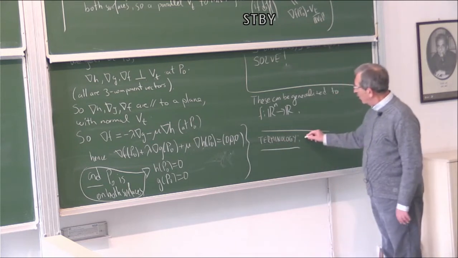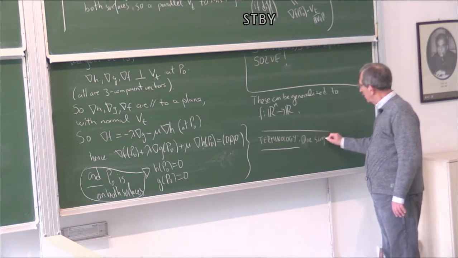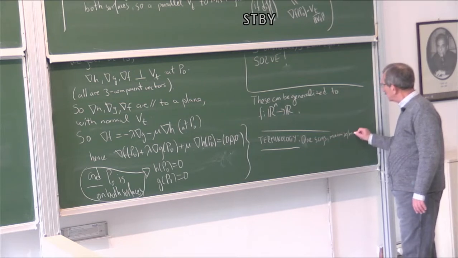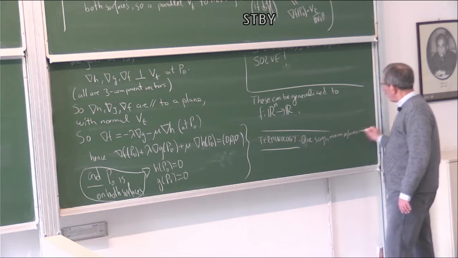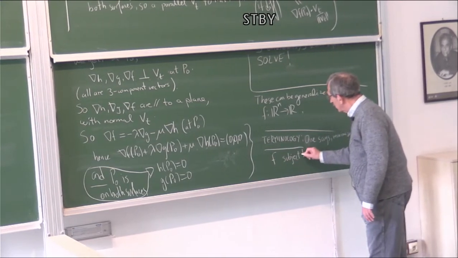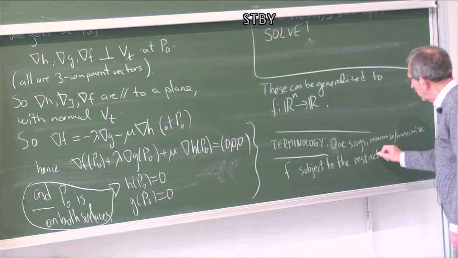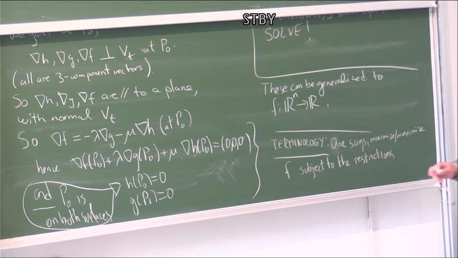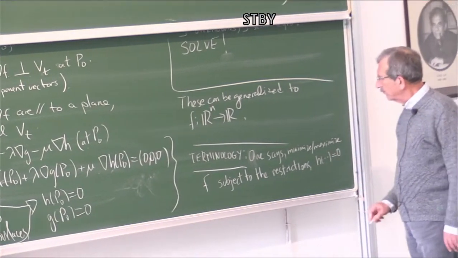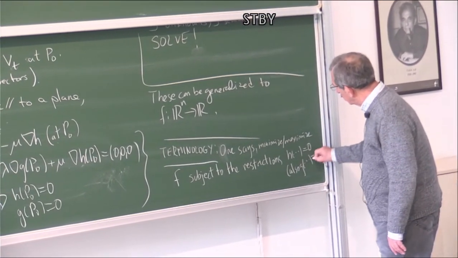One says, minimize or maximize F subject to the restrictions, which can be in 2 dimensions, H of this is 0, or in 3 dimensions, G of this is 0.